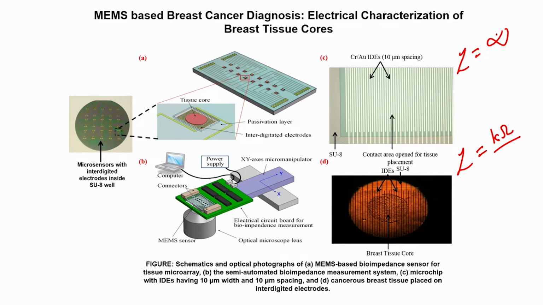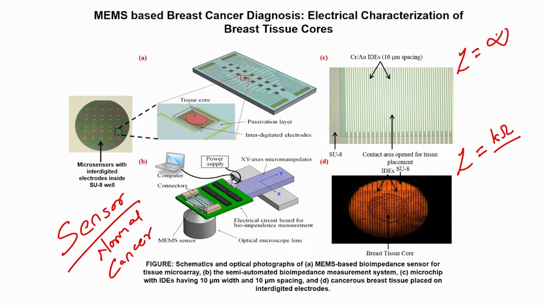understood, right. Now, you can design this kind of interdigitated electrodes, which are also called sensors, because they will sense the change in the impedance. Impedance of what? Impedance of normal tissues and cancerous tissues, right.